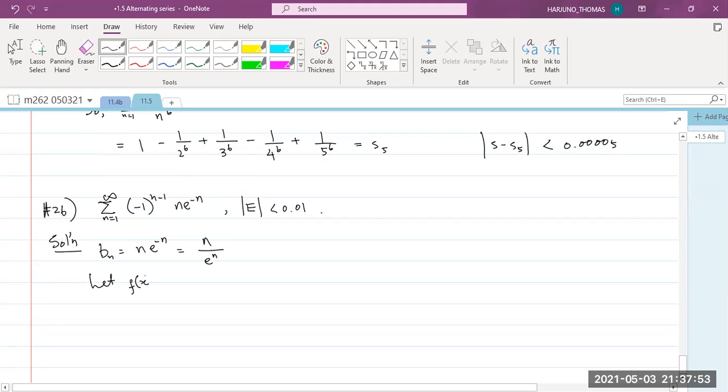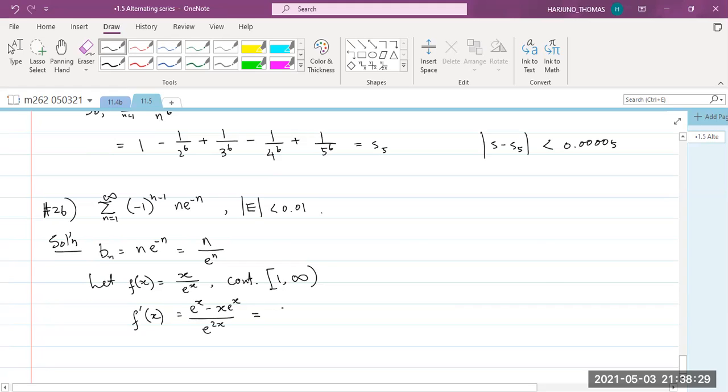I will use a continuous superposition function. f(x) is x over e to the x. That's continuous on all real numbers, but at least we know that it's continuous from 1 to infinity. And the first derivative is e to the x minus x e to the x over e to the 2x.